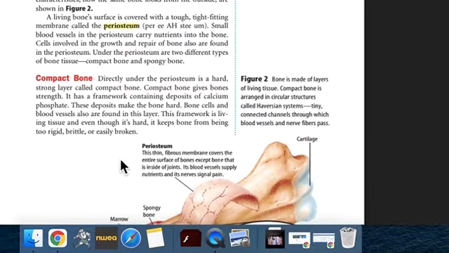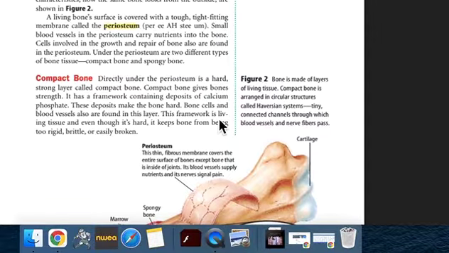Compact bone. Directly under the periosteum is a hard, strong layer called compact bone. Compact bone gives bone strength. It has a framework containing deposits of calcium and phosphate. These deposits make the bone hard. Bone cells and blood vessels are also found in this layer.